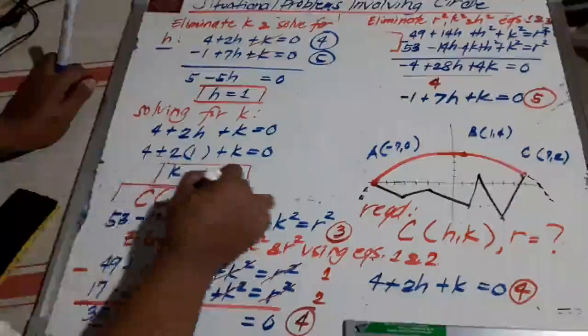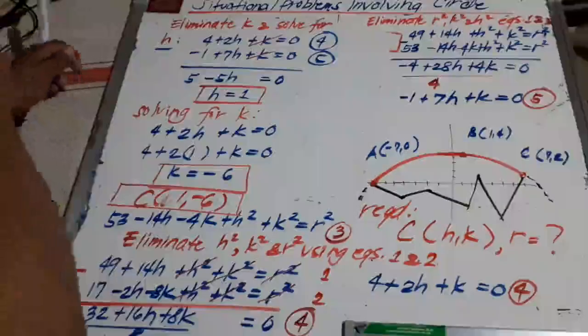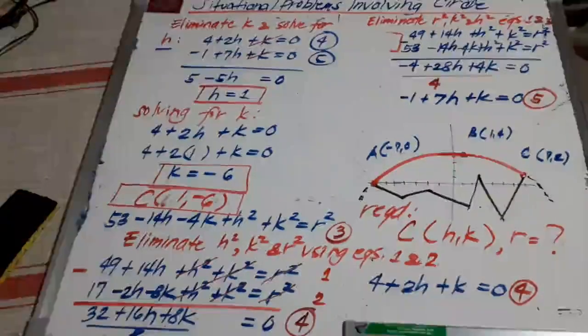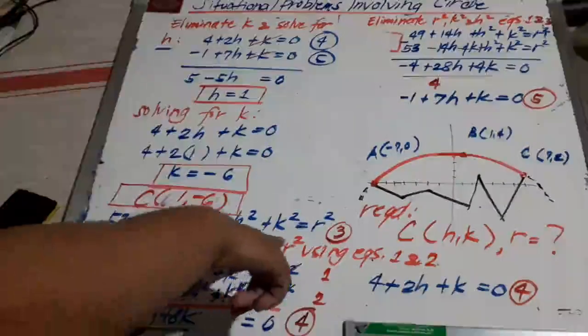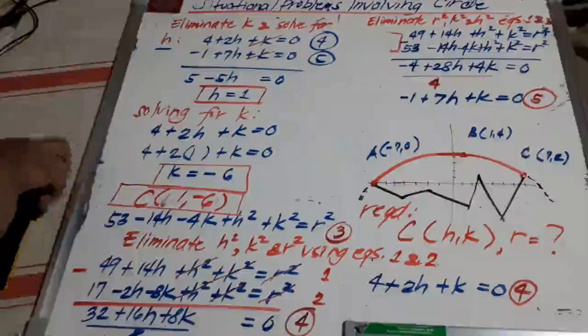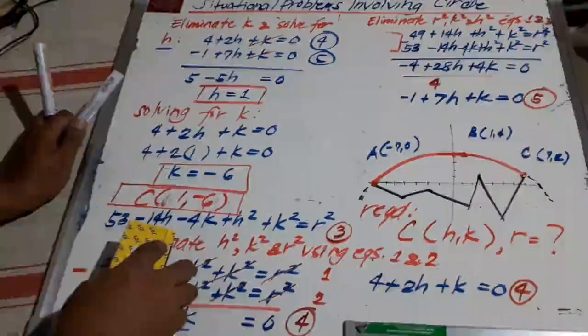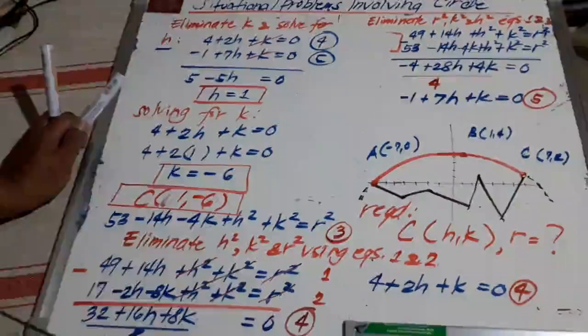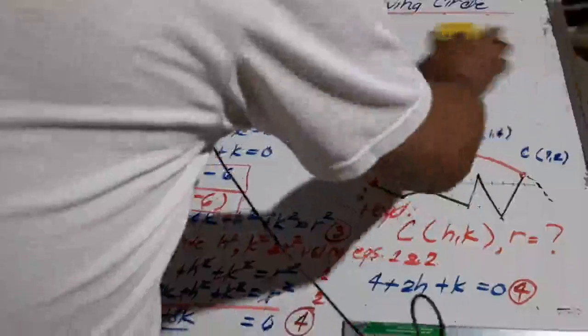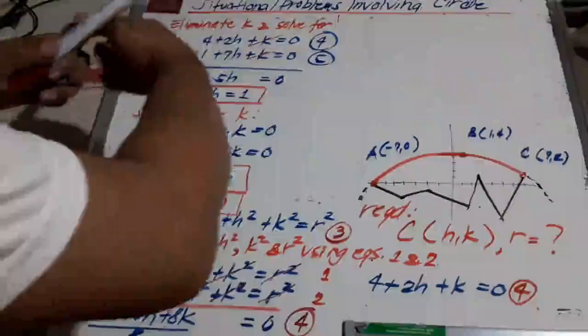So, kailangan na lang natin ay yung length ng radius para makuha natin yung standard equation of the circle. Yung length of radius can be solved using, let us use equation 3. Solving for R, gamitin natin yung equation 3.